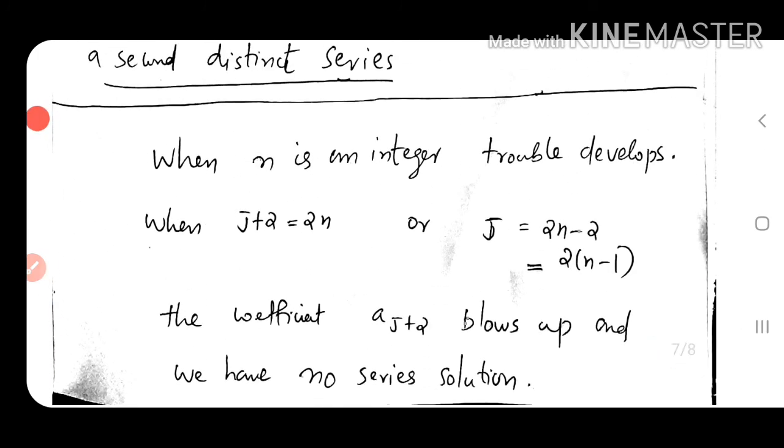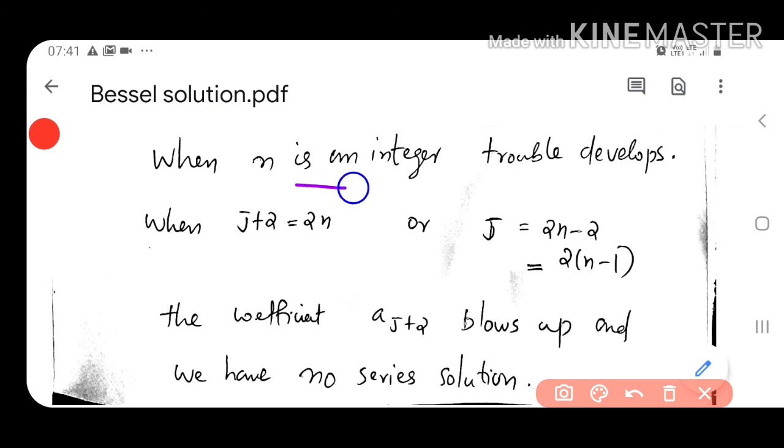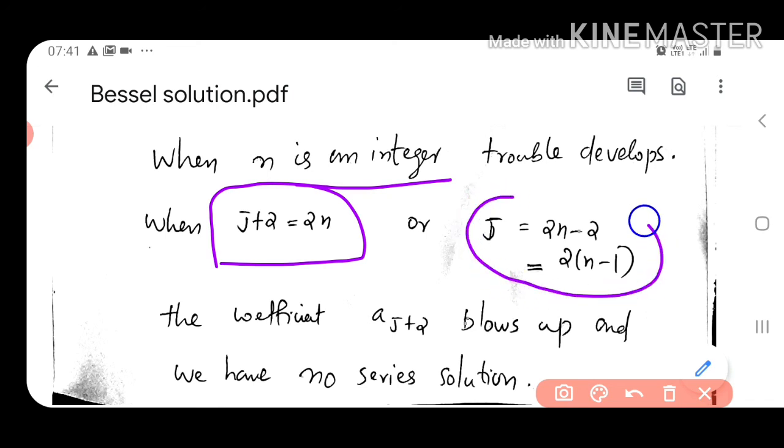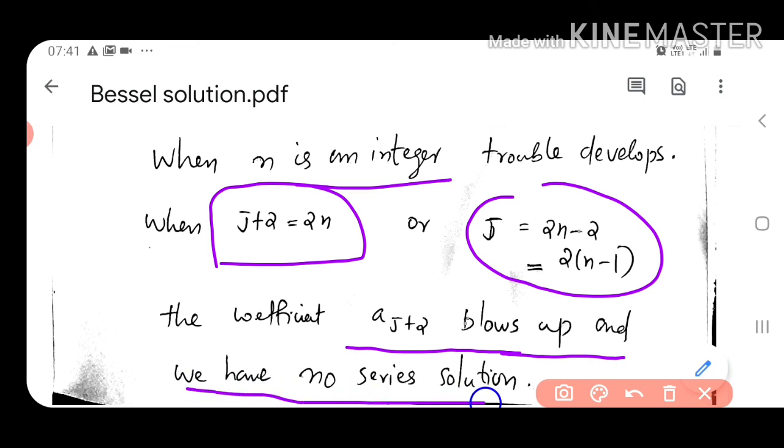So when n is an integer and when j plus 2 becomes equal to 2n during the summation, when we are taking different values of j, or when j equal to 2n minus 2, or 2 into n minus 1, the coefficient blows up. That means it becomes undefined, infinity, and we have no series solution.